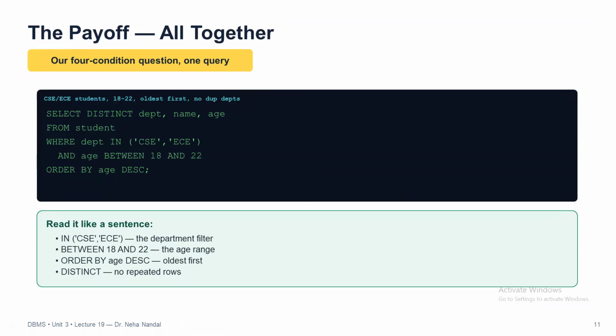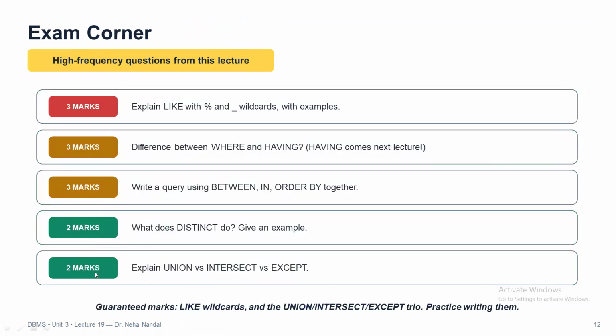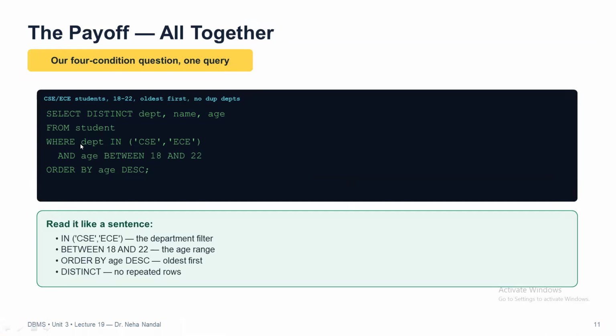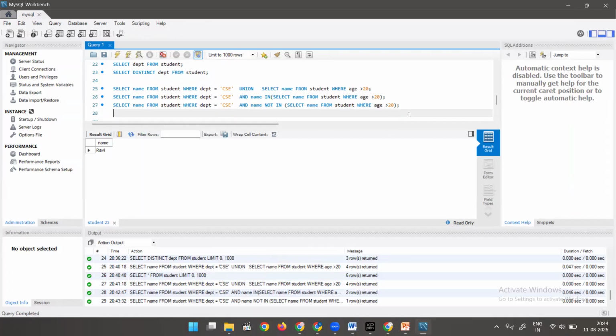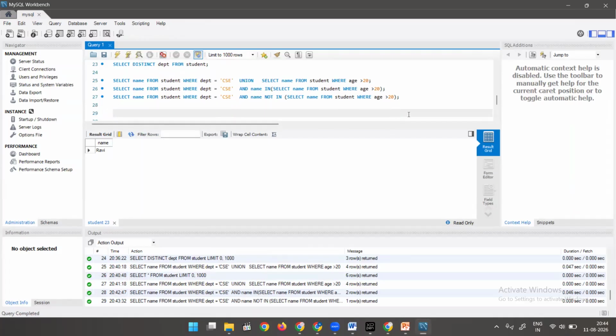Either they belong to CSC or EC, then their age should be between 18 to 22, and we have to sort them in descending order. So we are going to utilize all of them together in one query. Let's do this last query in our workbench, and then you are ready to run such queries. Please practice as much as you can.